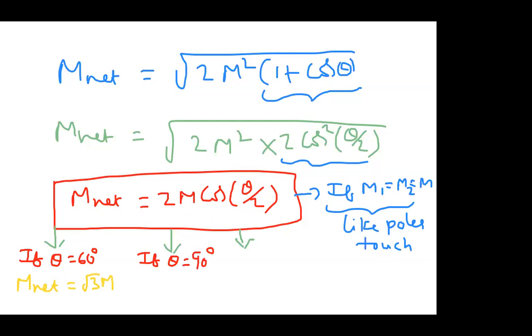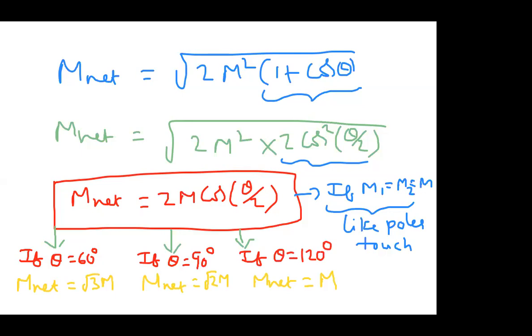So I can write m net is equal to root 2 m. Next, if theta is equal to 120 degree, cos of 120 by 2 is cos 60, which is 1 by 2, 2 cancel. So what we get here, m net value is simply m.